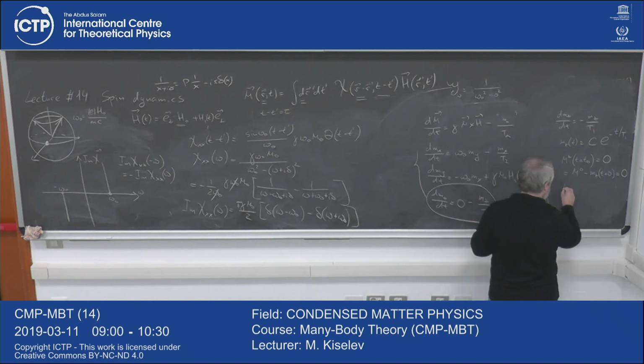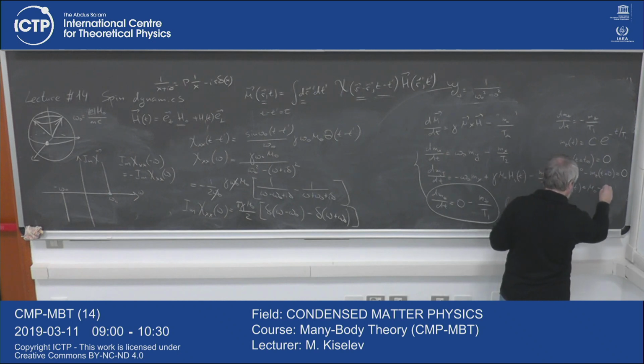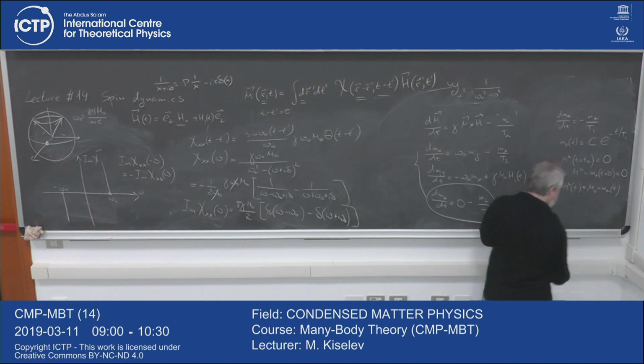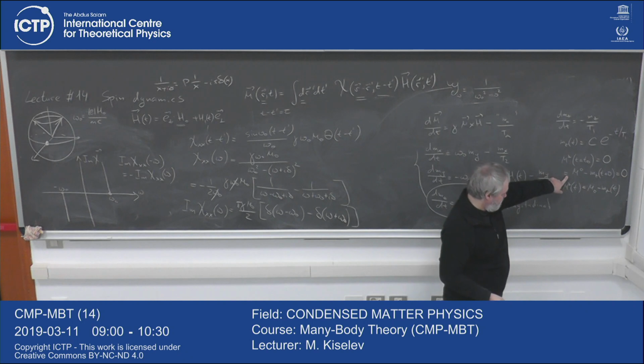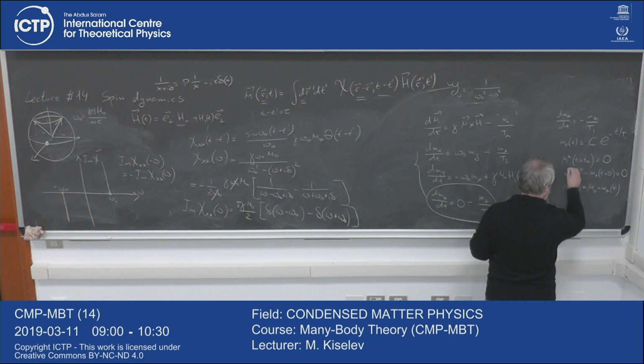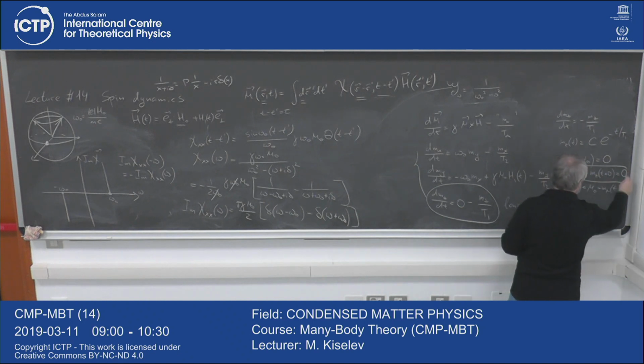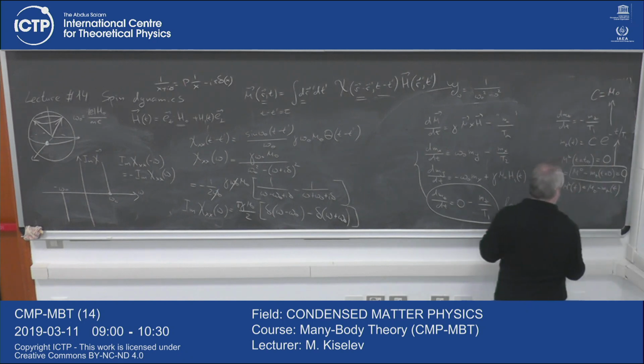From this initial condition, we will find that c is equal to m naught. And therefore your mz(t) is equal to m naught times 1 minus e to the power minus t over T1.